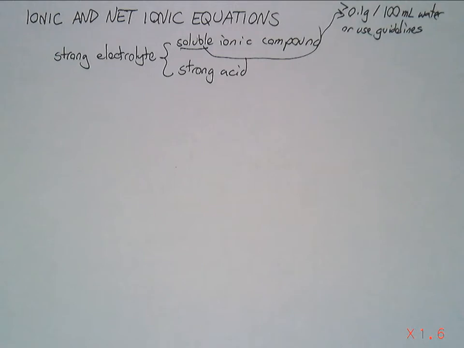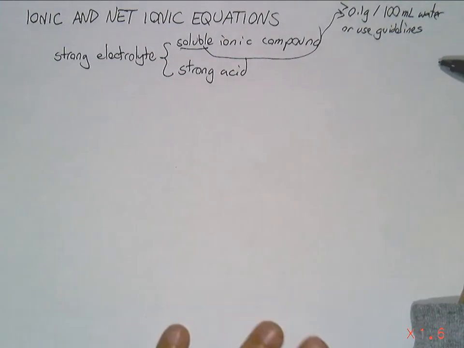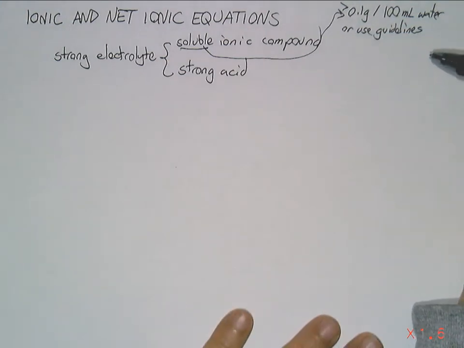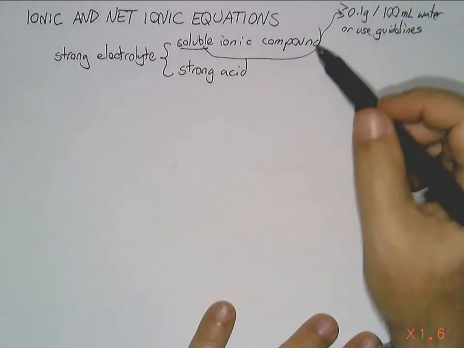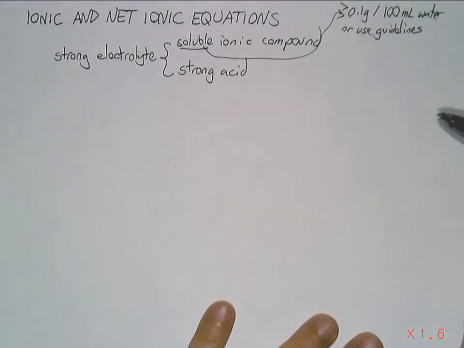So you will always be able to look up the solubility. That's the easiest way to decide if something is soluble or not. In many cases, in a test situation, I will tell you whether it's soluble or not. But in the homework, sometimes you will need to decide that for yourself.